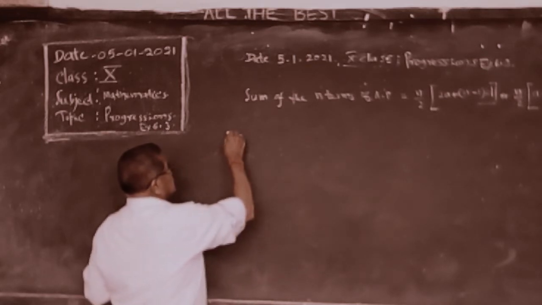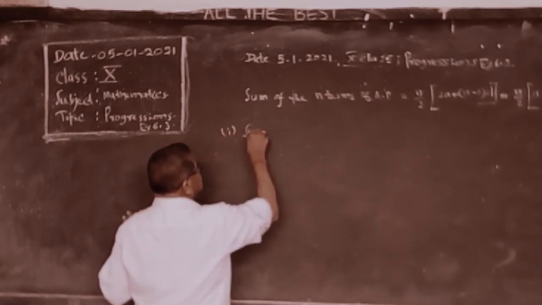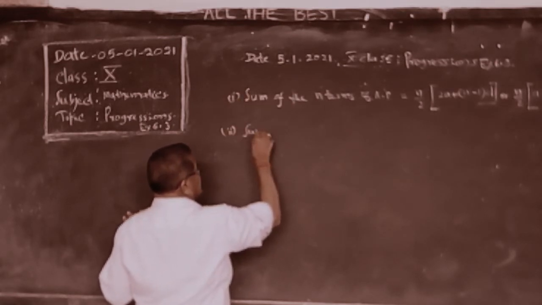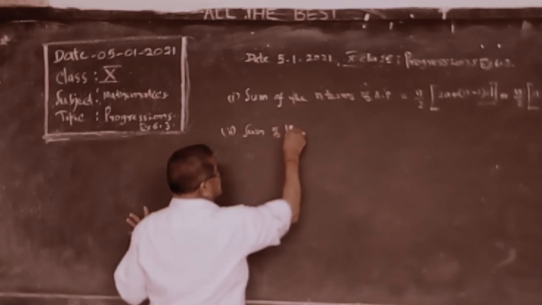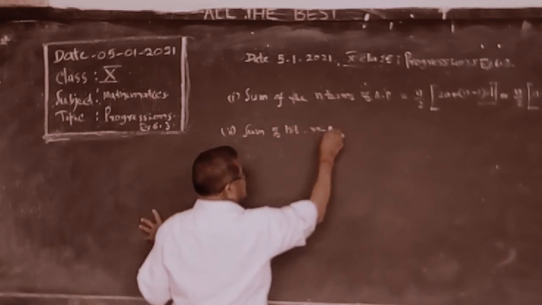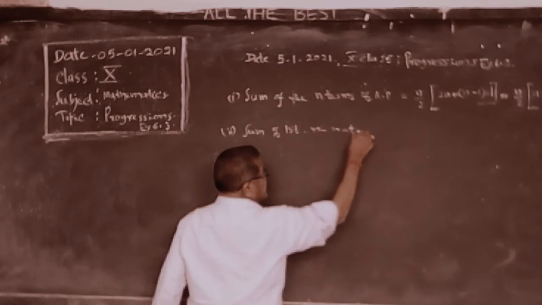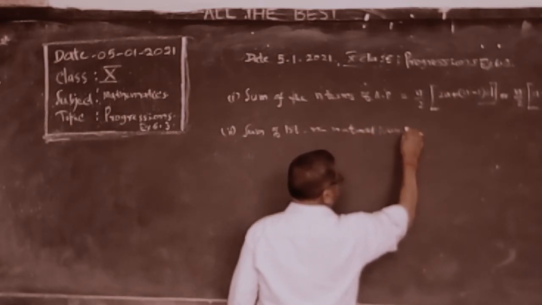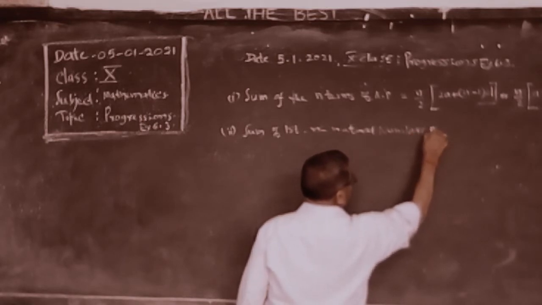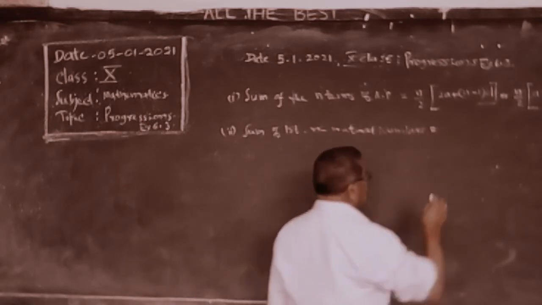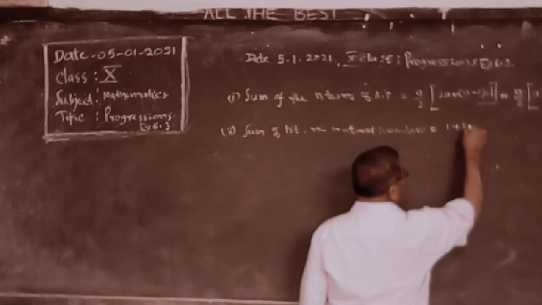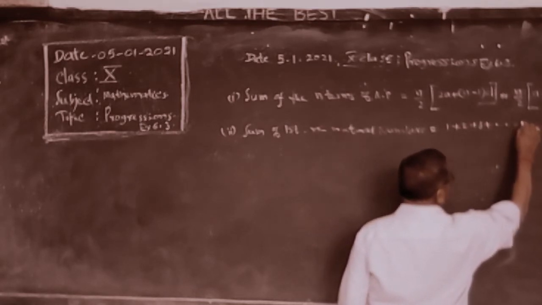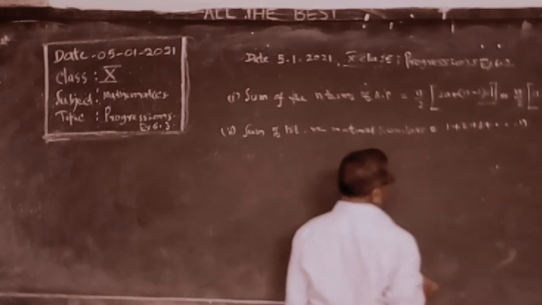Now, the sum of the first n natural numbers: 1 plus 2 plus 3 plus up to n, where the last term is n.